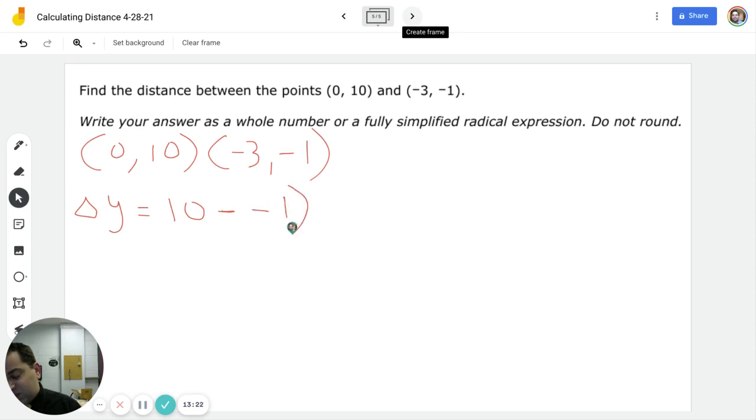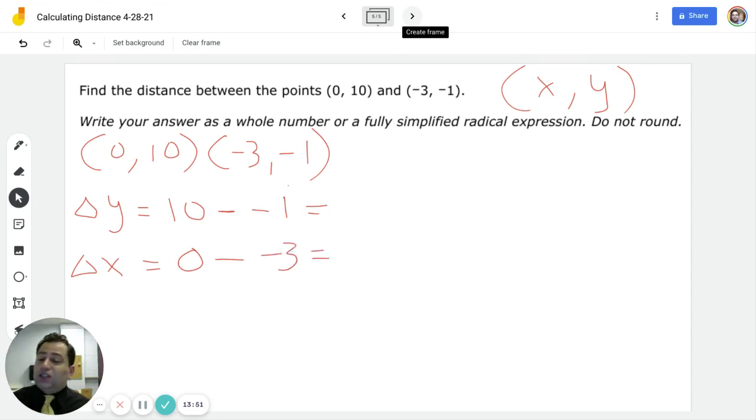Remember, it's x, y. Change in x. Well, we can start with either one. Let's start with the 0. Why not? Minus -3.